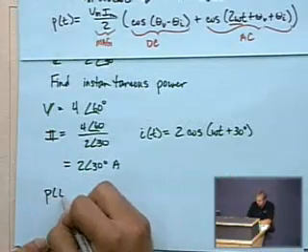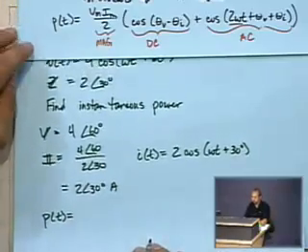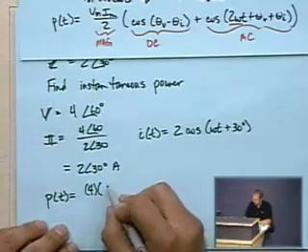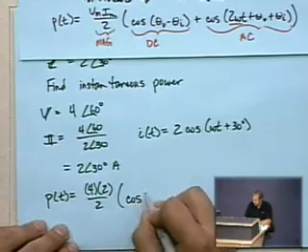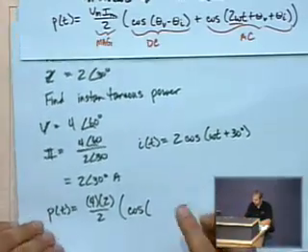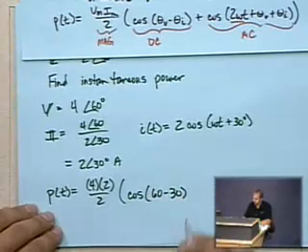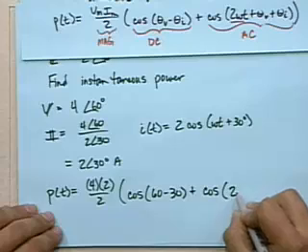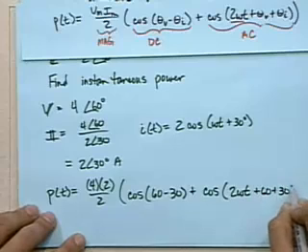So power as a function of time is going to be the magnitude of the voltage, which was 4, times the magnitude of the current, which was 2, divided by 2, times the cosine of theta v, which was 60, minus theta i, which was 30, plus the cosine of 2 omega t plus 60 plus 30.